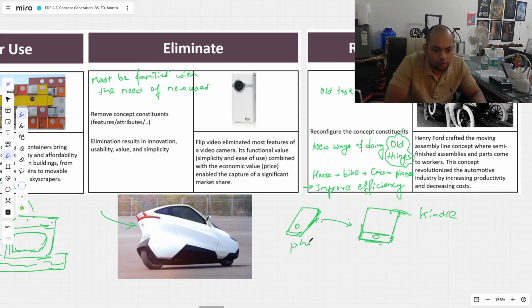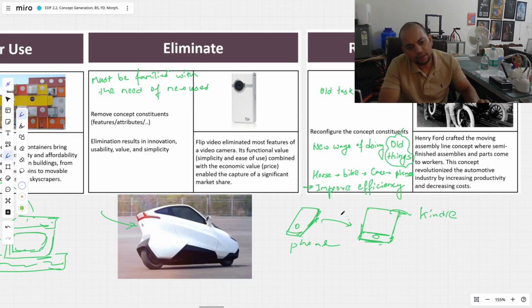This is a phone. So again, this is one example of elimination, or you can say adaptation also. The new product, the Kindle, has been adapted from the phone, so the new features brought into Kindle are derived from a cell phone.